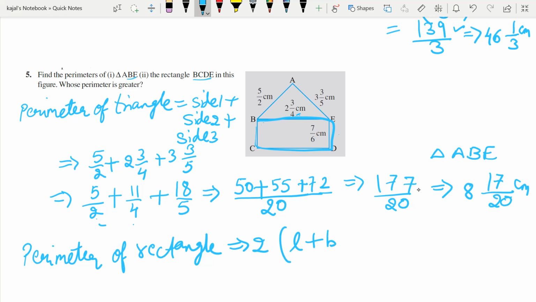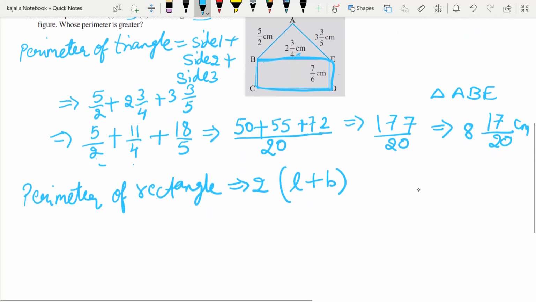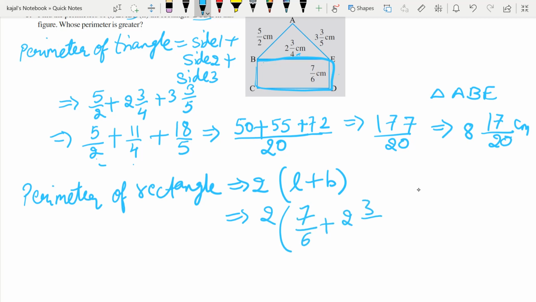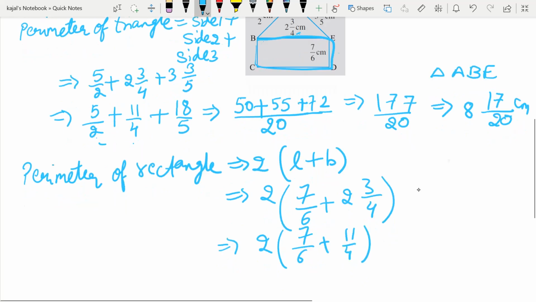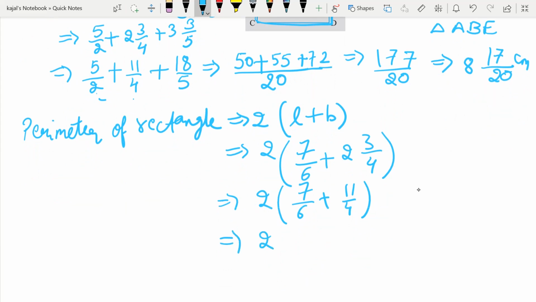So here the length is 7 by 6 and the breadth is 2 3/4, which we convert into an improper fraction, 11 by 4. Then we take the LCM of 6 and 4, that means 12 is the LCM. 6 2s are 12 and 7 2s are 14. 4 3s are 12 and 11 3s are 33.